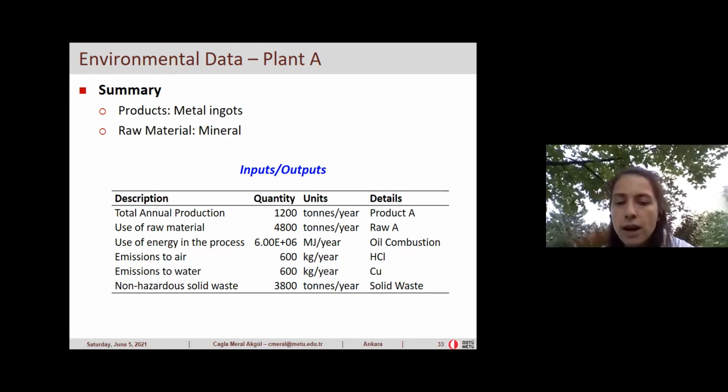And we use 6 million megajoules per year, the oil consumption. Emissions to air is 600 kilos per year. And emissions to water, 600 kilos per year again. And we have 3,800 tons of solid waste every year. So to produce 1,200 tons of ingots, metal ingots, product A basically, we actually have all these inputs and outputs.